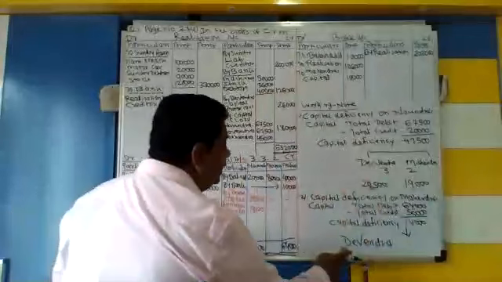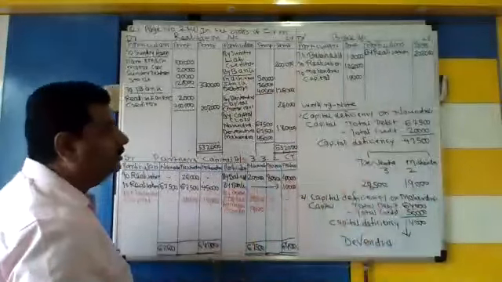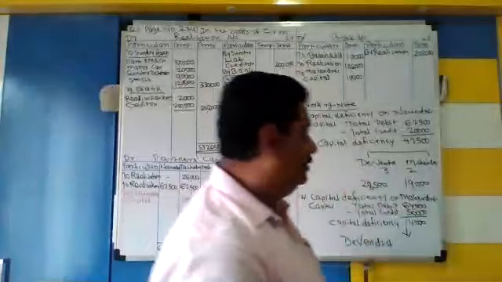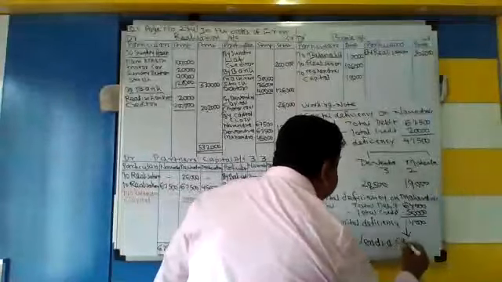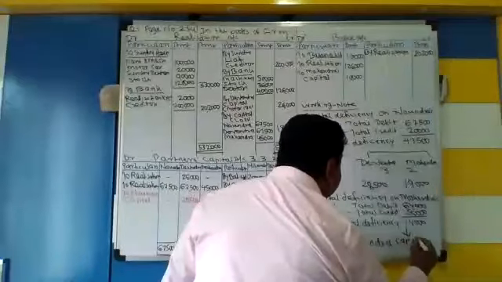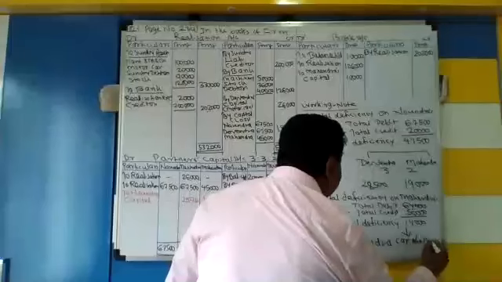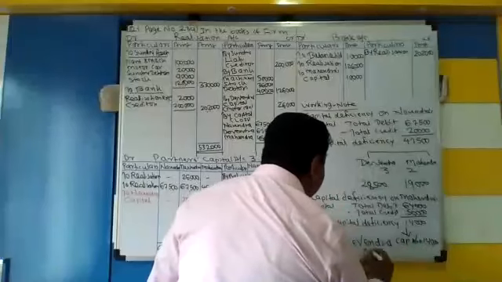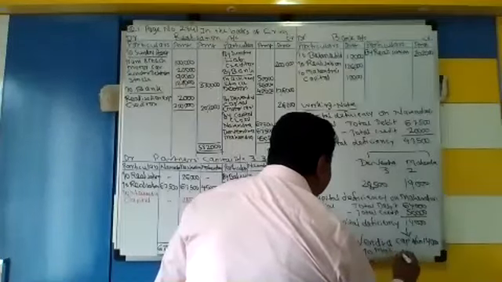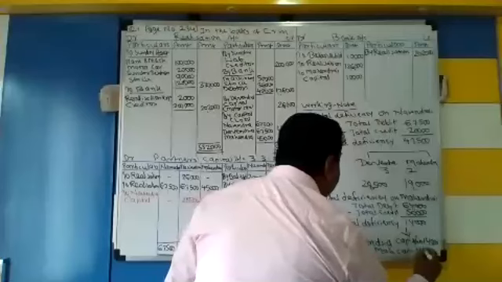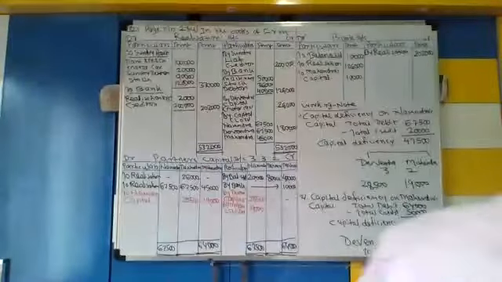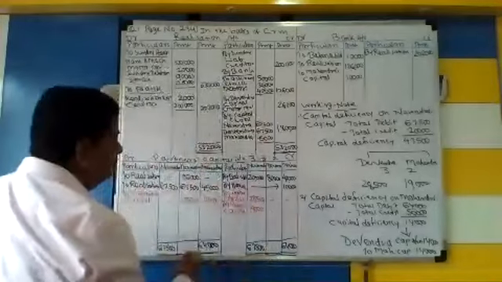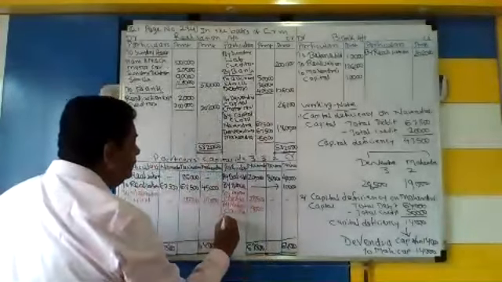Now, what is the entry for this? Devendra's capital account debit 14,000 to Mahendra's capital account. Now how will we post this?